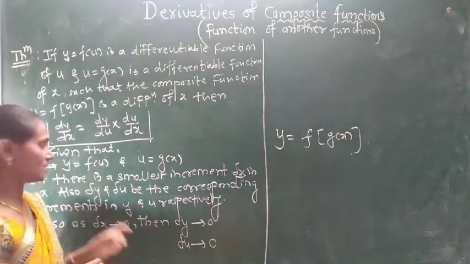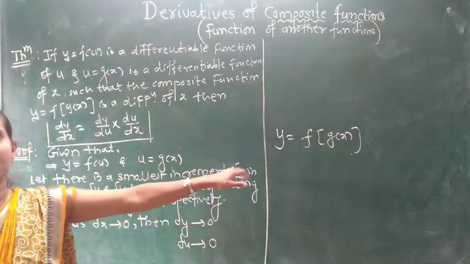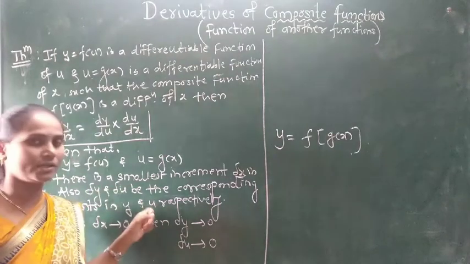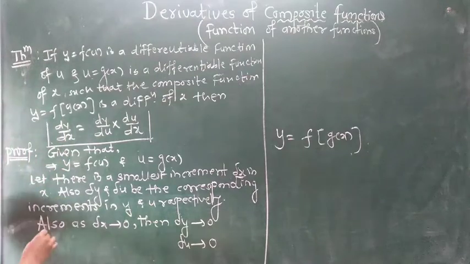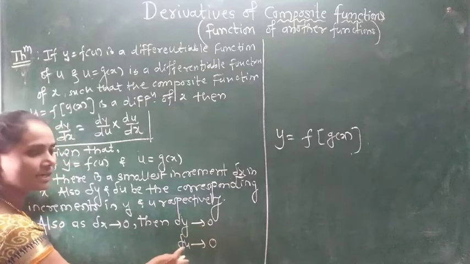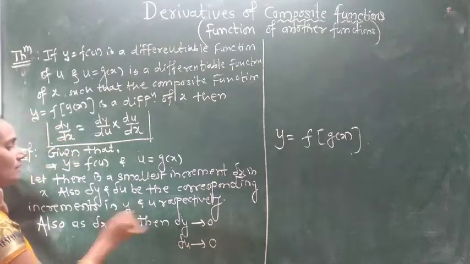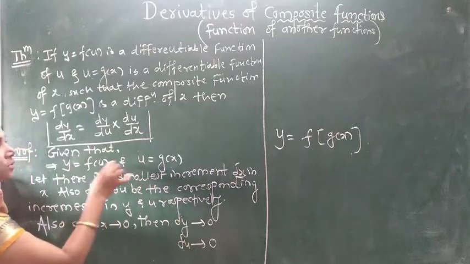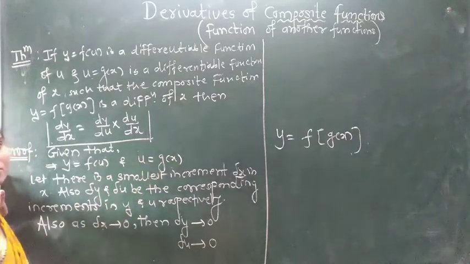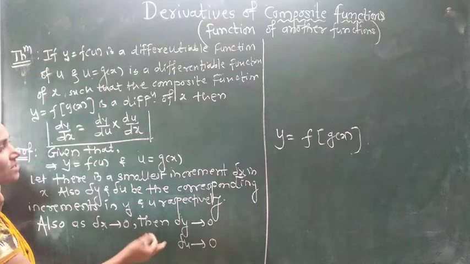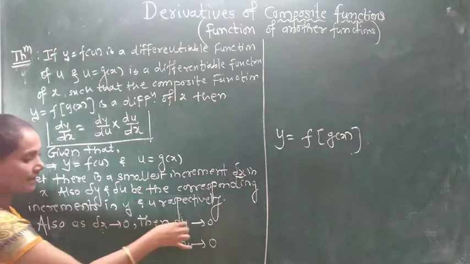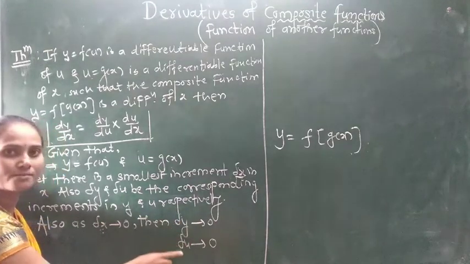Now as delta x tends to 0, delta y tends to 0 and delta u also tends to 0, because these two functions y and u both are functions of x, and if delta x becomes 0, then this delta y and this delta u also become 0.